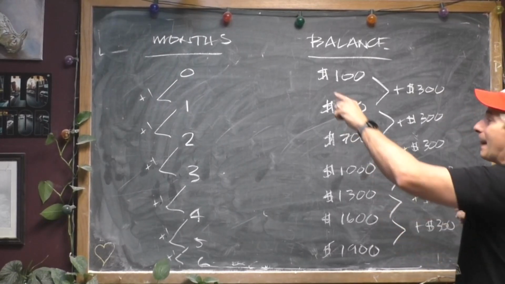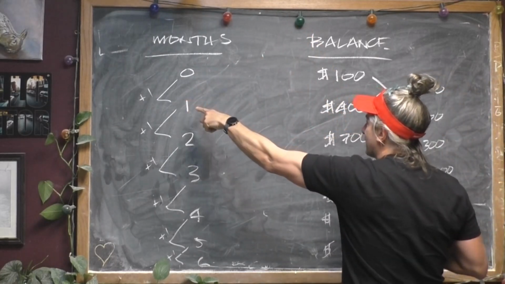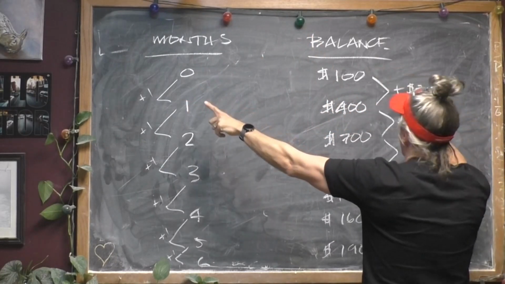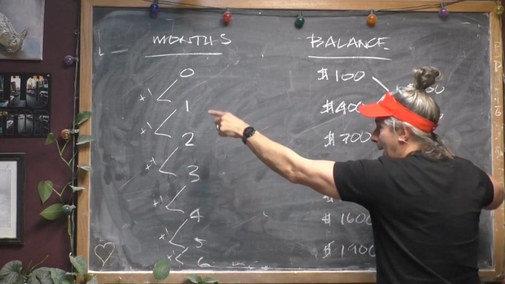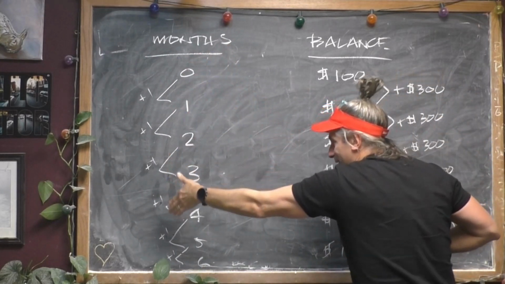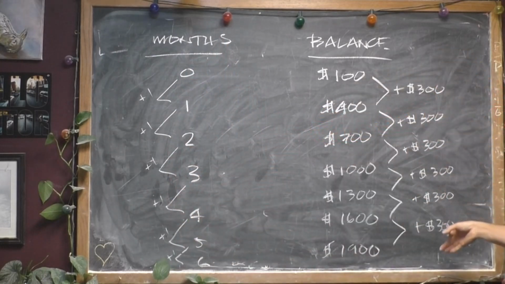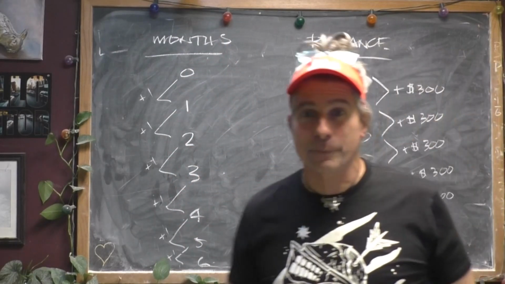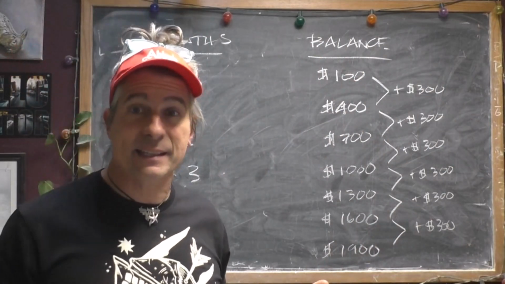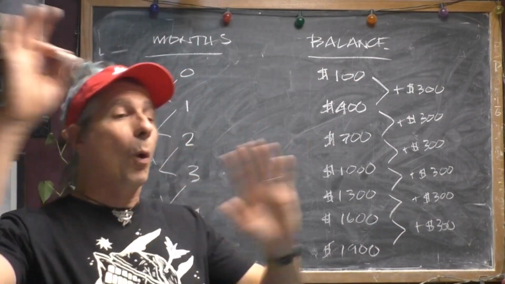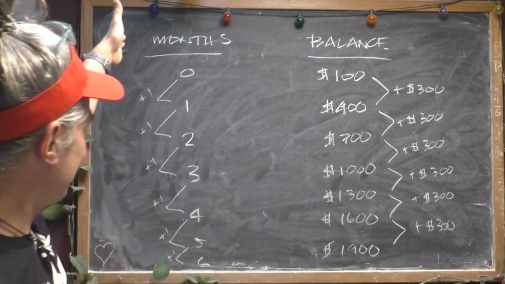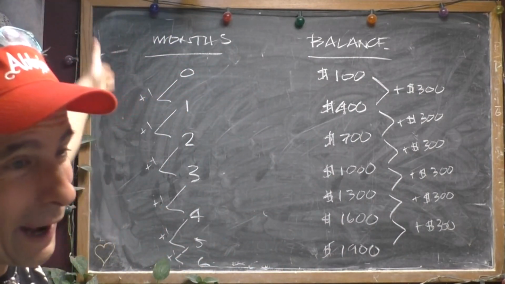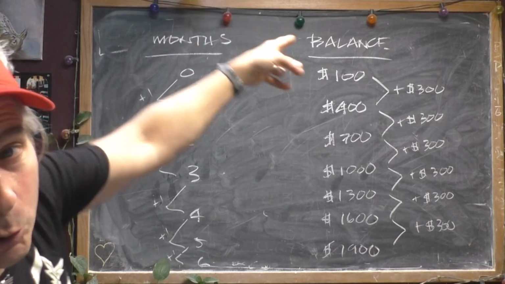It's the fact that as the months go up by an amount, the balance goes up by an amount. Not the same amount. That's not equal to this. But this change is consistent and this change is consistent. That's what makes it linear. If any one of those things becomes inconsistent, you get all kinds of other wonderfully mathematical things. But in lines, as the independent or x values change consistently, so do the y values.